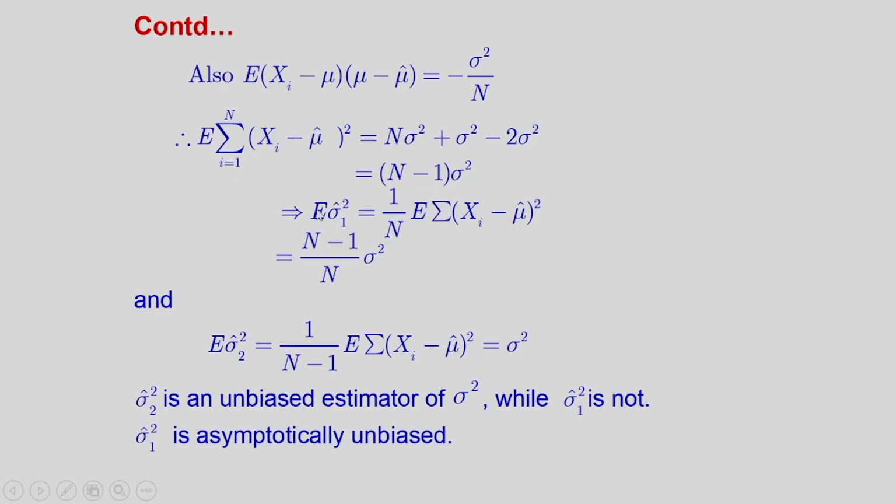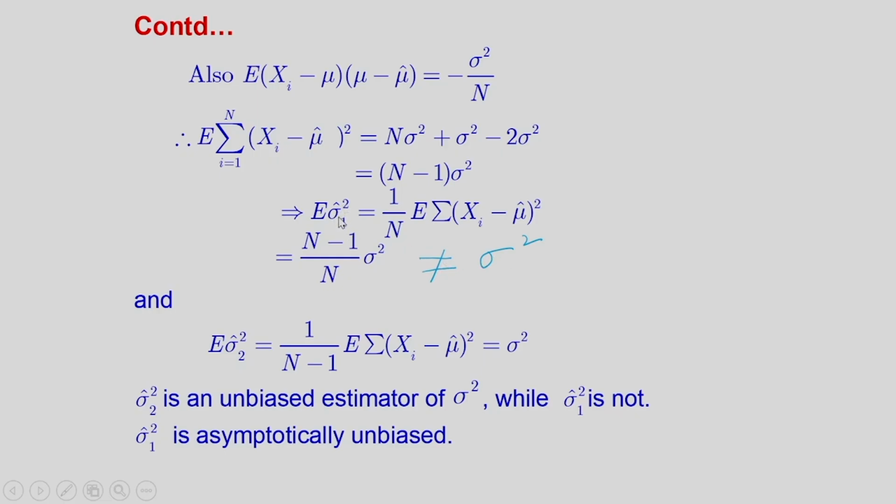So now if we have to find the E of sigma 1 hat square, the scaling factor is 1 by n into this quantity. So it will become (n minus 1) divided by n into sigma square. So this is not equal to sigma square.